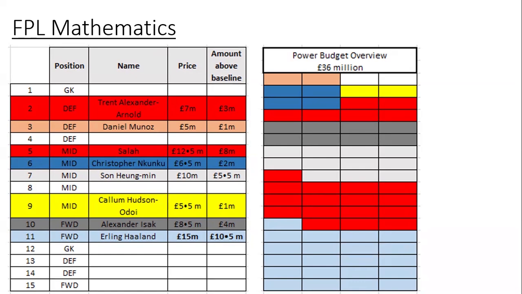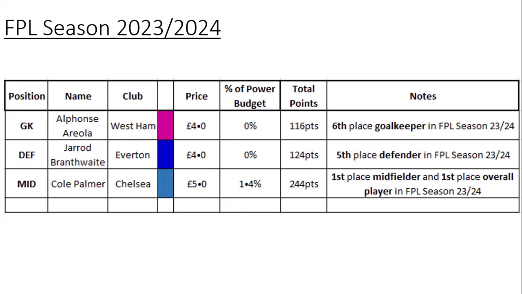Before we proceed any further, let's have a look back at 3 players from the season 2023-2024. These 3 players, Areola of West Ham, Branthwaite of Everton, and Palmer of Chelsea, show that value can be found within FPL. Cole Palmer in particular had an incredible season, finishing not only as the top midfielder, but also as the top overall point scorer across the FPL season.